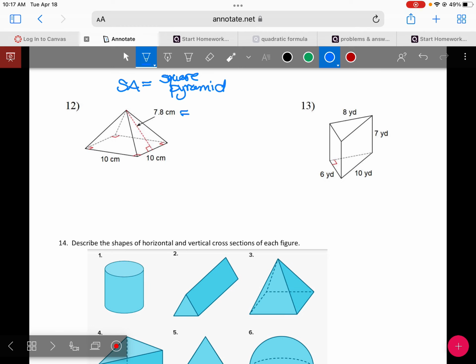All right. So surface area is, what is it for a square pyramid? Make sure you can look at that formula page, which is on the last page of this review, or you have a half sheet. What is the formula for surface area of a square pyramid?